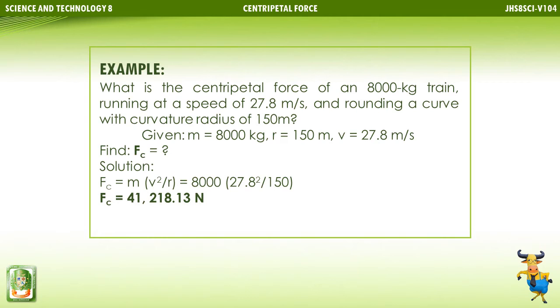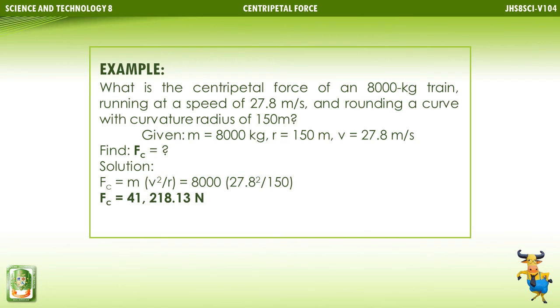Example. What is the centripetal force of an 8,000 kilogram train, running at a speed of 27.8 meters per second, and rounding a curve with curvature radius of 150 meters? Given, m or mass equals 8,000 kilograms, r or radius equals 150 meters, v or speed equals 27.8 meters per second. Find F sub c.